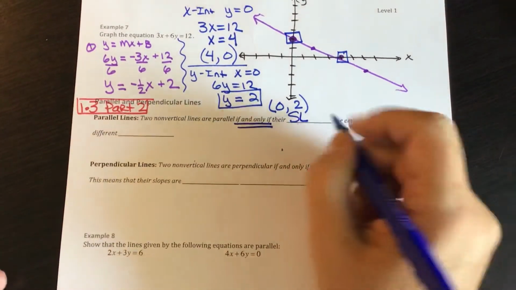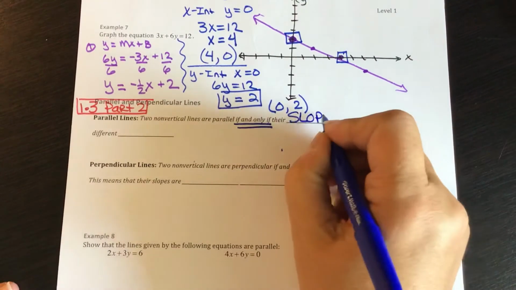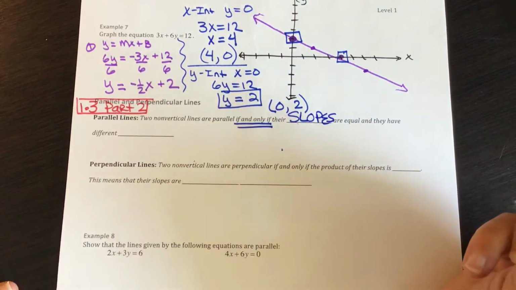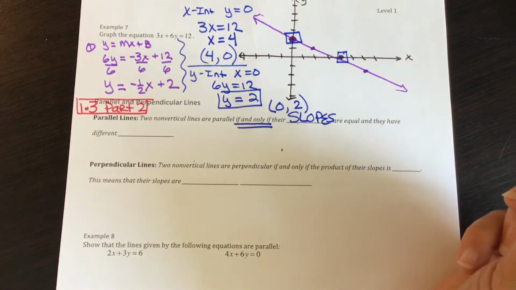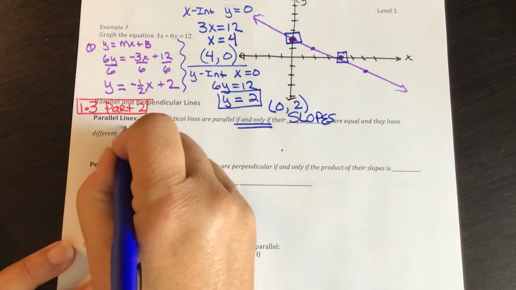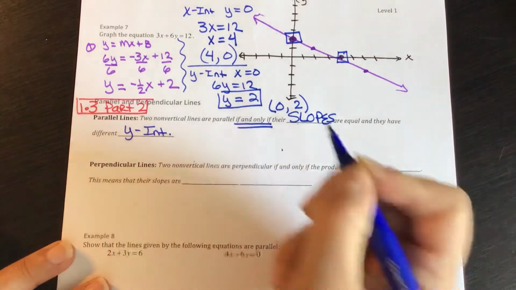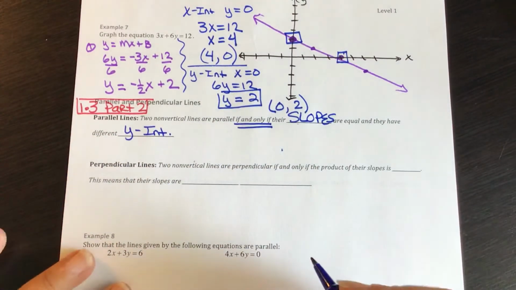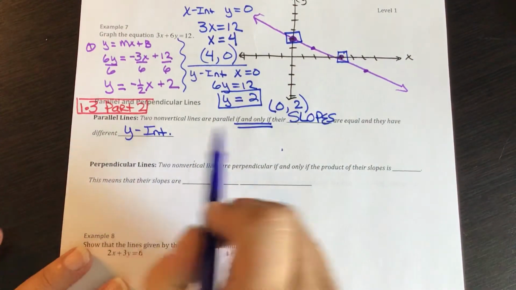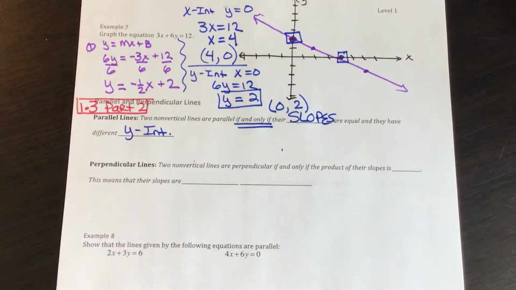So we're going to fill in the blank with slopes are equal and they have different y-intercepts. Okay, so parallel lines basically have the same slope.